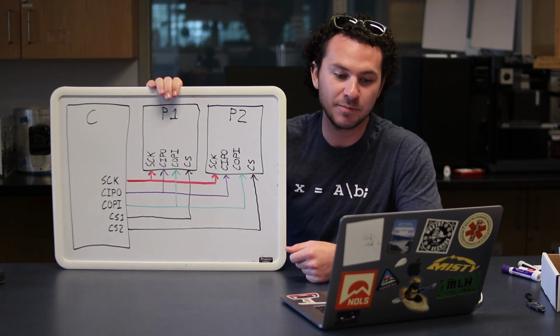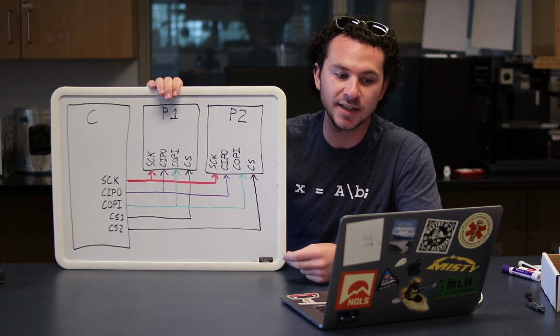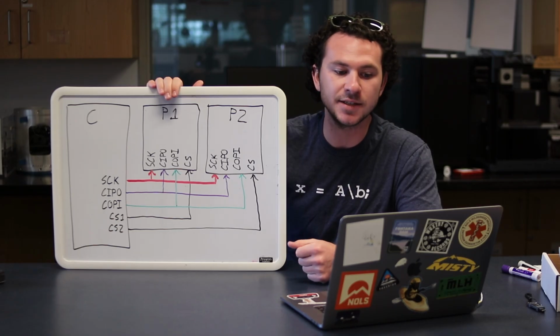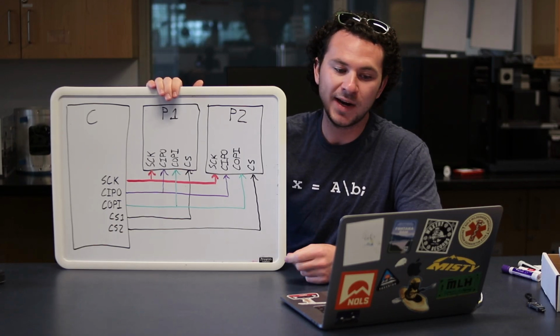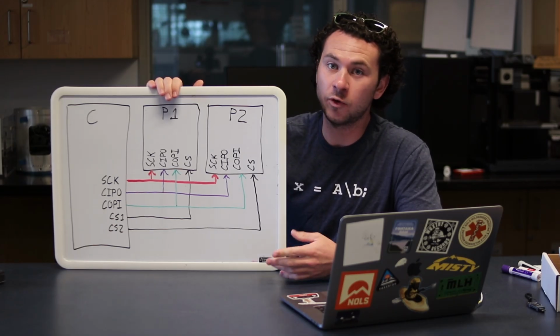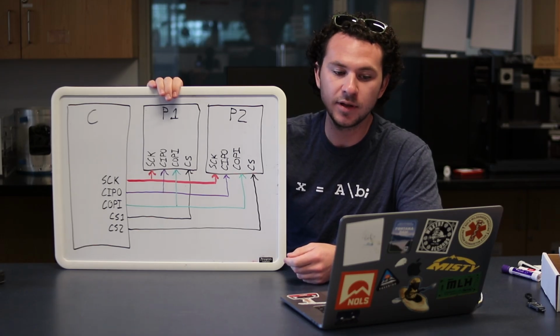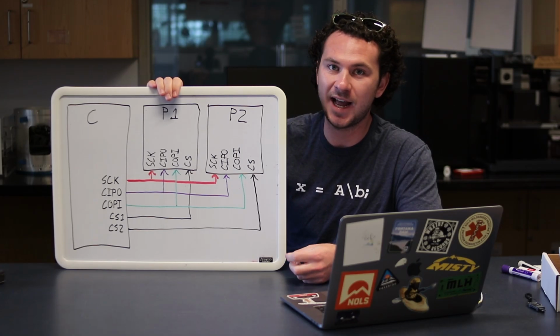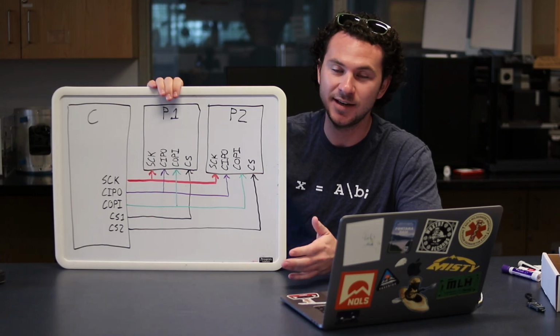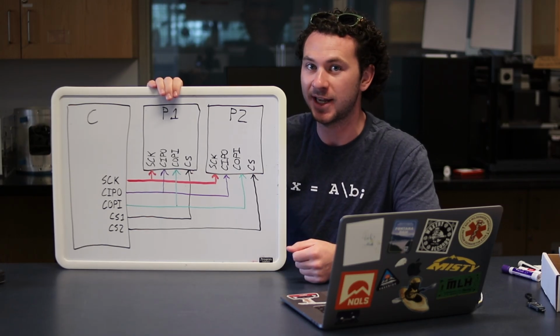An SPI peripheral knows to communicate when its CS pin is pulled low. When its CS pin is high, it ignores the controller. This makes addressing peripherals simple, but it means the controller must have as many CS pins as peripherals it communicates with.